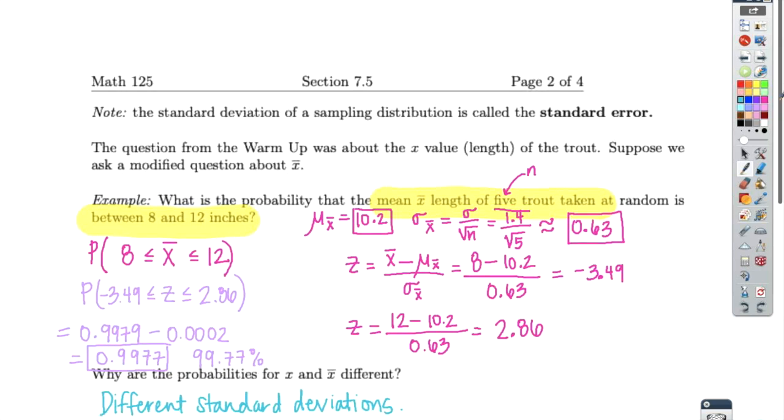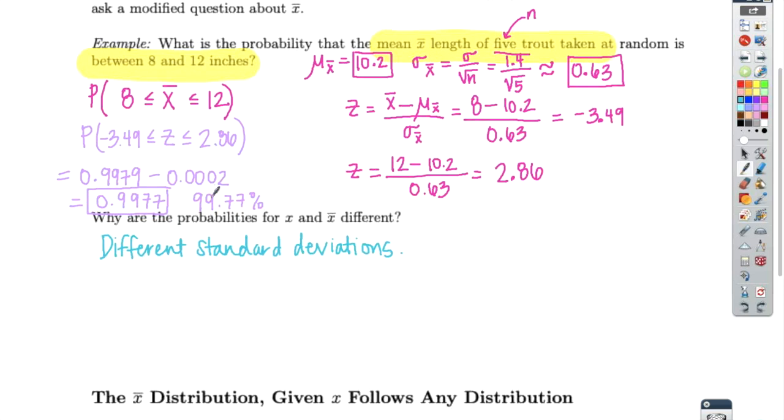So if you catch 5 trout, there's a much higher probability, and we just verified it, that over time the lengths would average out to somewhere between 8 and 12. And that's what we saw, 99.77%. Really high, very close to 100.